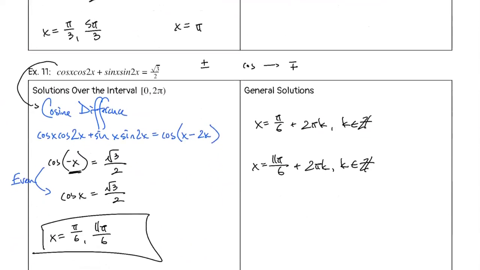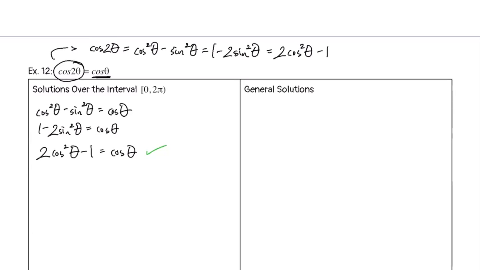All three of these are mathematically accurate, but this one brings the sine squared into the picture, and this one also brings the sine squared into the picture. The last one gives me a quadratic with only cosine.